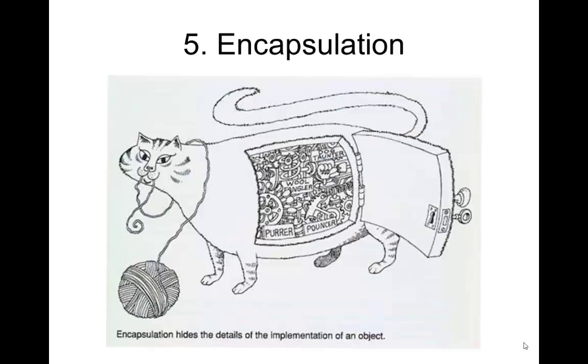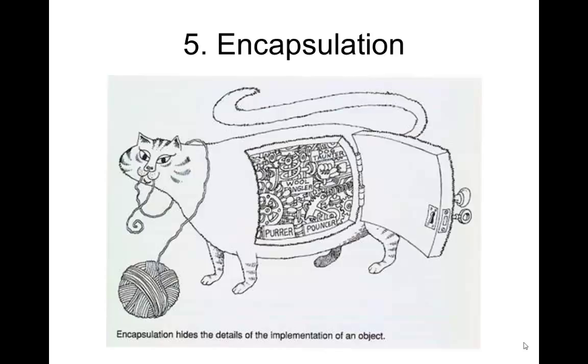We can stroke the cat, which is something we can see on the outside, we're familiar with, and maybe the cat kicks off the purrer. But we don't need to know the mechanics of how the purrer works, we just need to know that we stroke the cat to make the purrer work.